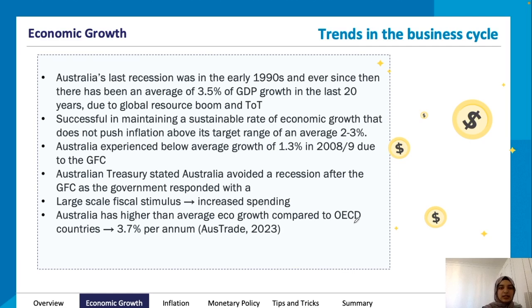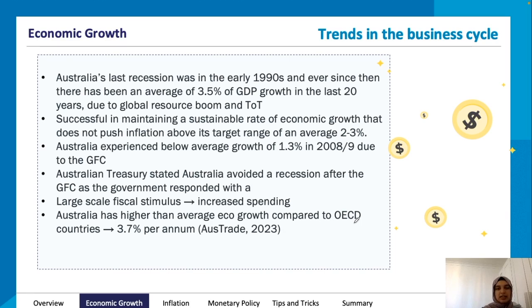Australia's last recession was in the early 1990s, and ever since then there has been an average of 3.5% GDP growth in the last 20 years due to the global resource boom and also the terms of trade. That's before the COVID recession, I guess, and the one we had in the early 1990s.